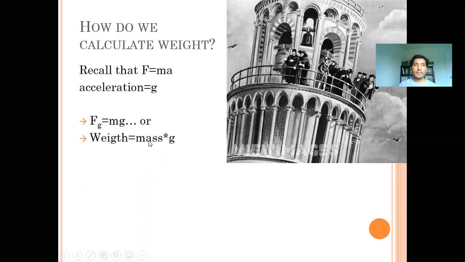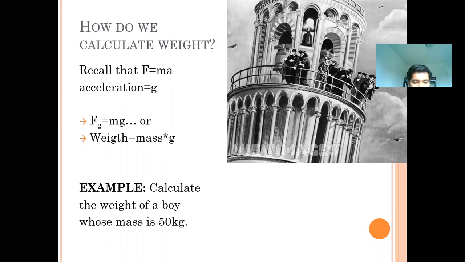If your mass is like 60 kilogram, the SI unit is kilogram, not pound. That's why you use the SI unit for mass, right? g is acceleration. You also have to use the SI system.